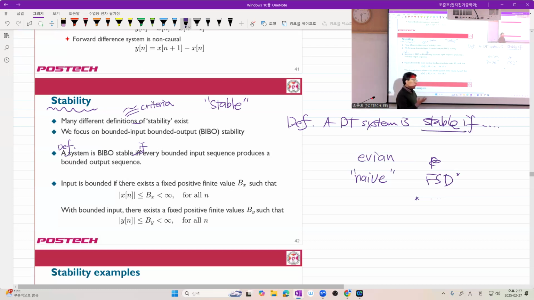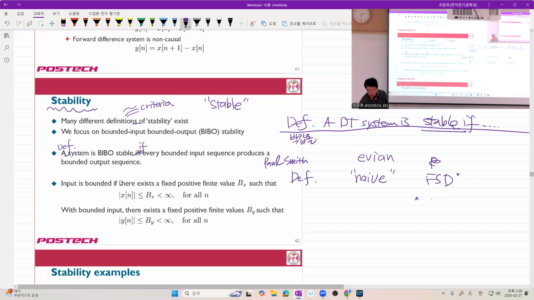So you define. But suddenly you find your contemporary other researcher also has a definition of stability for DT systems. So for example, Pak Abdul has published a paper on stable DT systems. But in the US, for example, Paul Smith has a definition that a DT system is stable, blah, blah. In that case, of course, I'm assuming that their definitions are different. Then people will say that this is Pak Abdul's criteria.